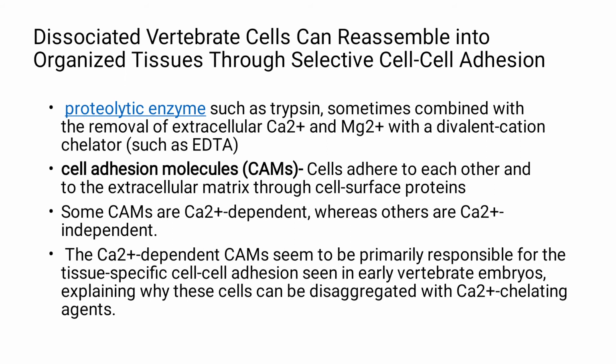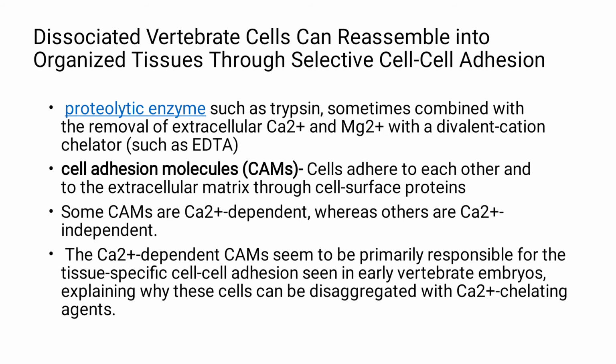So cells adhere to each other and to the extracellular matrix through cell surface proteins called cell adhesion molecules, or CAMs, a category that includes the transmembrane adhesion proteins. So CAMs can be cell-to-cell adhesion molecules or cell-matrix adhesion molecules. Some CAMs are calcium dependent, whereas others are calcium independent.